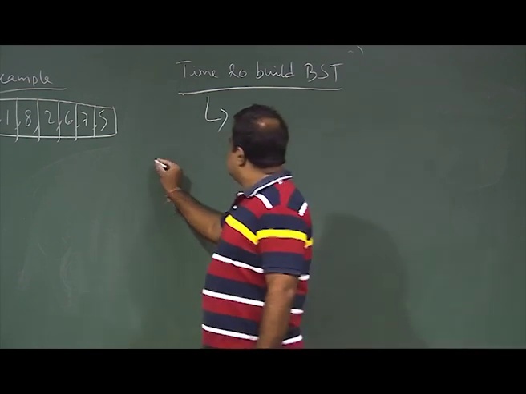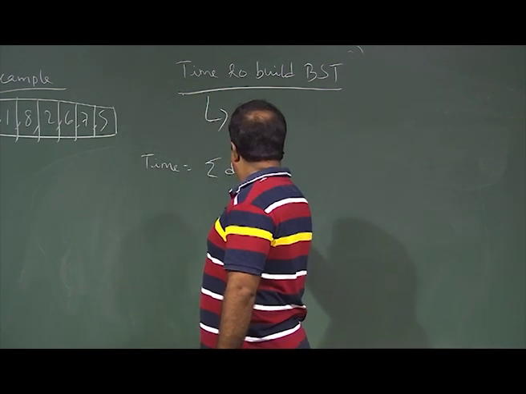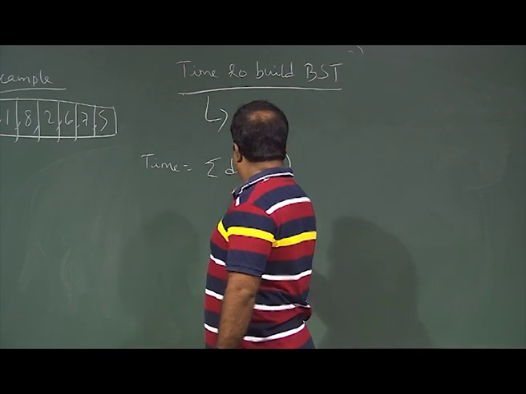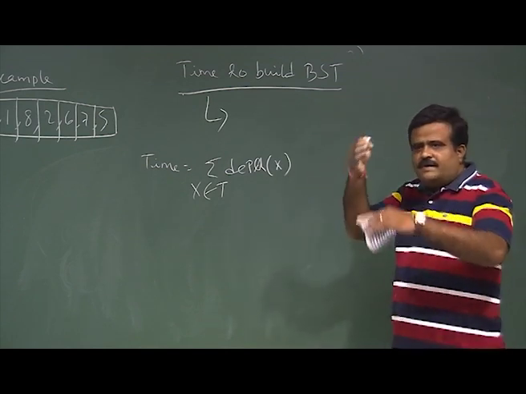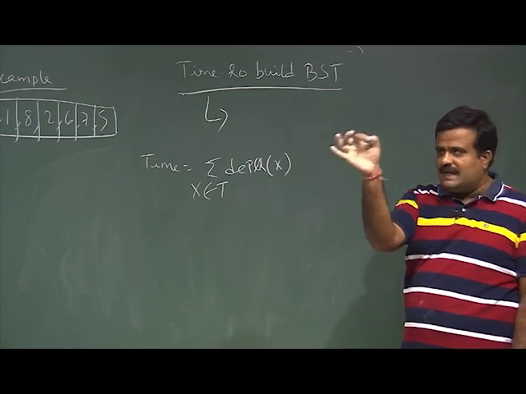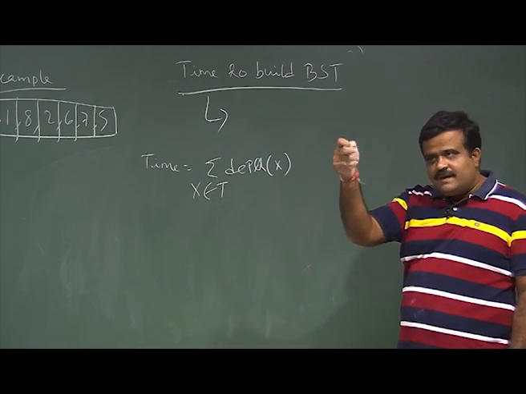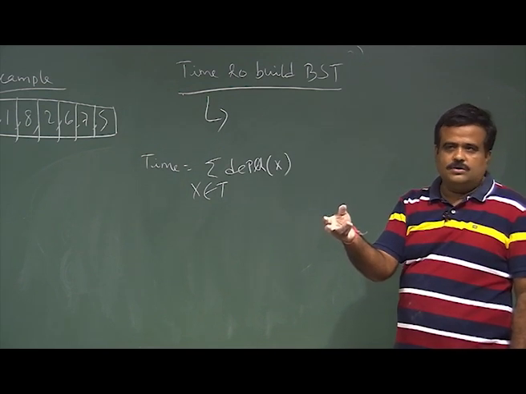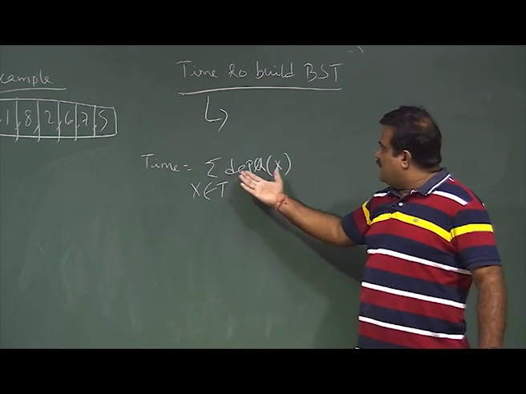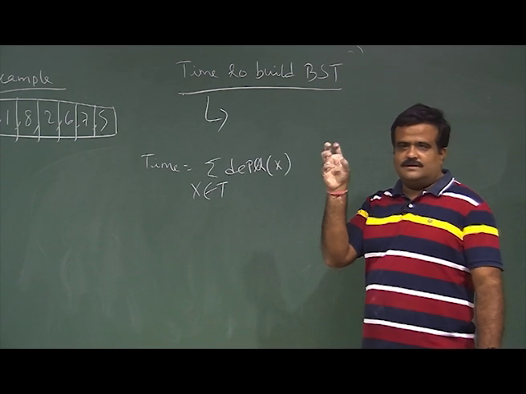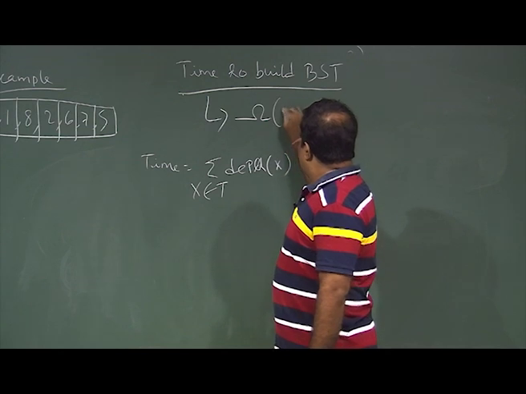Basically the time to build a BST is the summation of the depth of x, where x is in the tree, because every time we are comparing and reaching a position, and that position is the depth of that node. Depth means that many times we compare to insert this node. So the time complexity to build the BST is the sum of the depth of x, where x is in the tree. Okay, so this will be basically big omega of n log n.